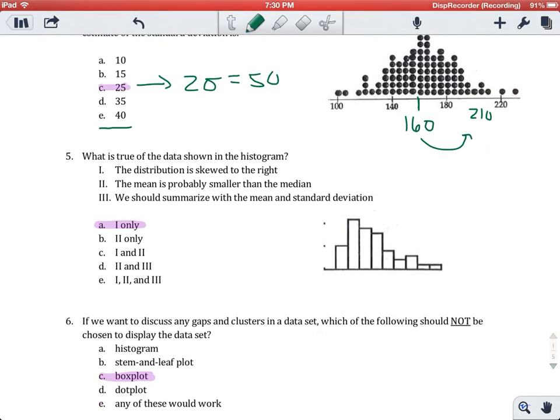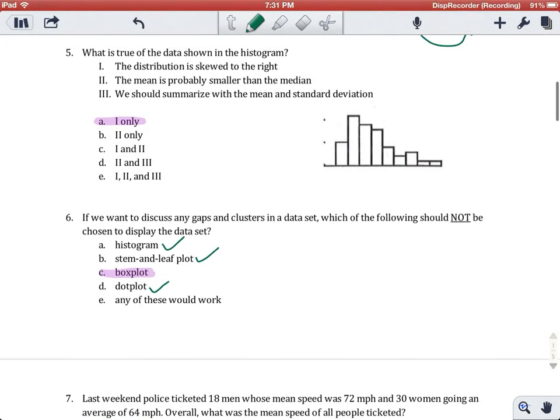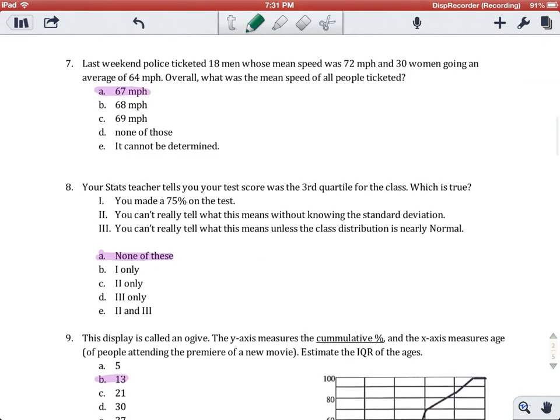Number 5, only skewed to the right, which means the mean is actually larger than the median. Number 6, a histogram and a stem and leaf and a dot plot are really showing you the same thing. They're showing you almost the same picture. So sort of a trick question, I guess, in a way, but obvious if you knew that.